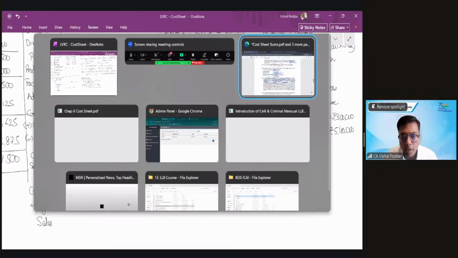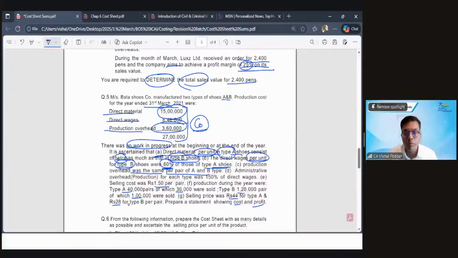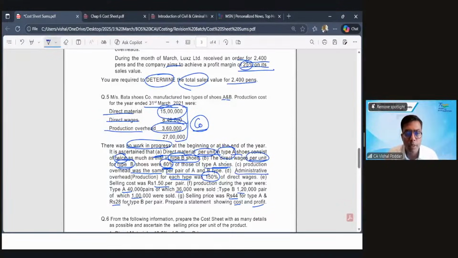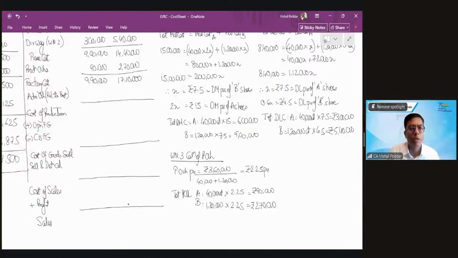Now what about administration, students? What is given for administration? For each type is 150% of wages. Correct? Correct. So administration overheads is 150% of wages. So I have to take 150% multiplied by direct wages.